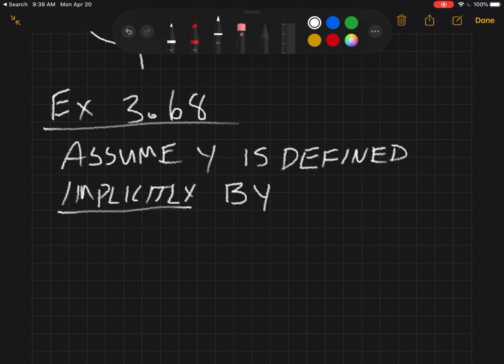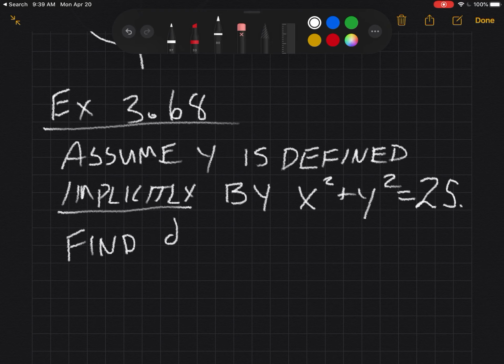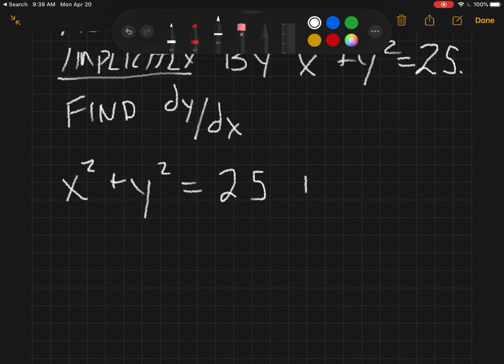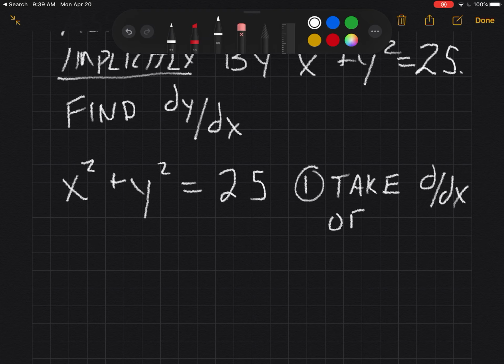So we're going to assume y is defined implicitly, so not directly, but defined nonetheless, by x squared plus y squared equals 25. And we want to find the derivative of y with respect to x.